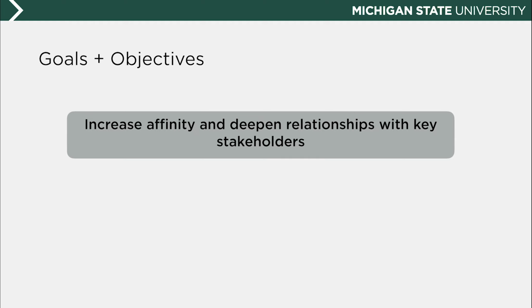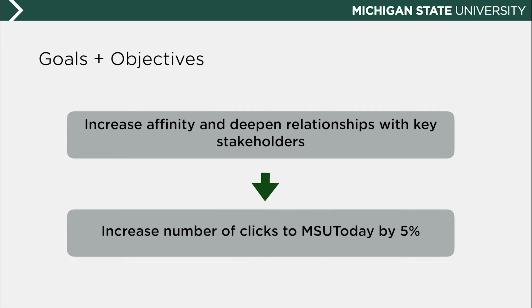And then another goal for us is to really deepen relationships. So that means driving traffic. What we are looking for with this particular goal is increasing the number of clicks to MSU Today by 5%.